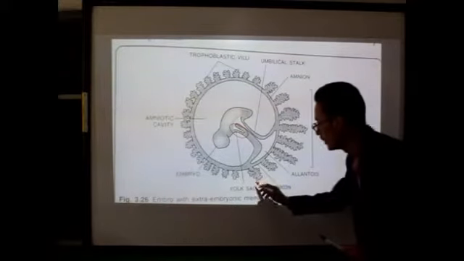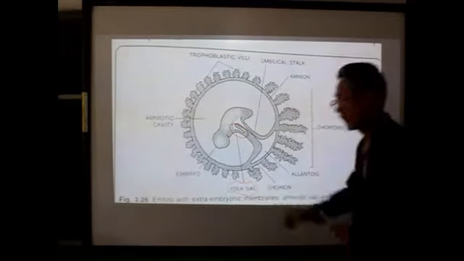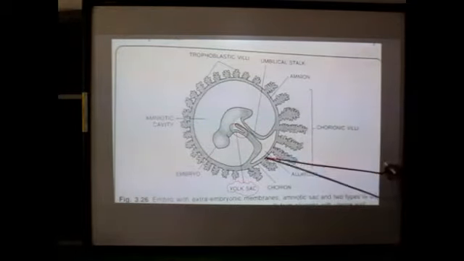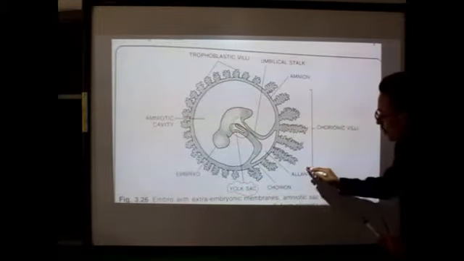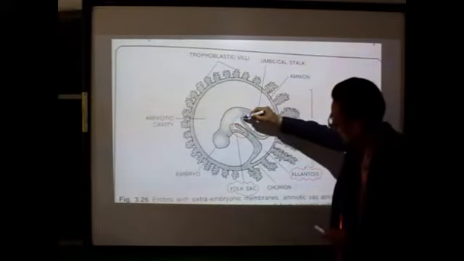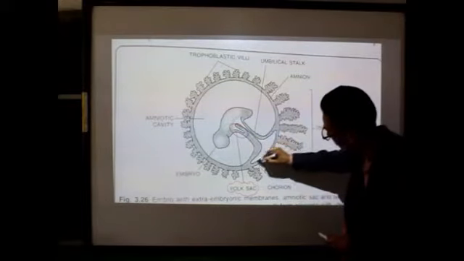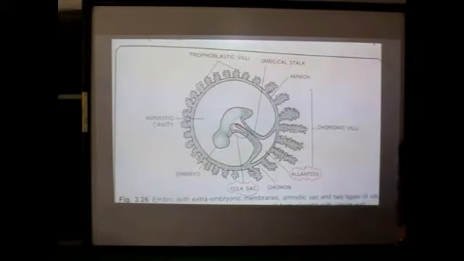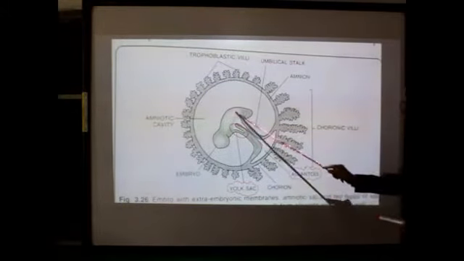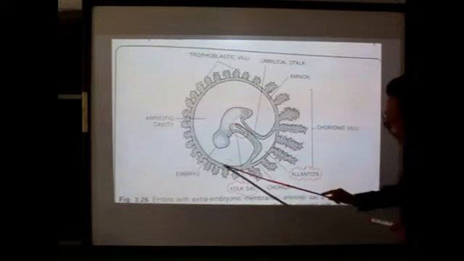And similarly over here you can see the second sac-like structure, which is called the allantois. These are the sac-like structures which are close to the embryo: the yolk sac and the second one, the allantois. Clear?